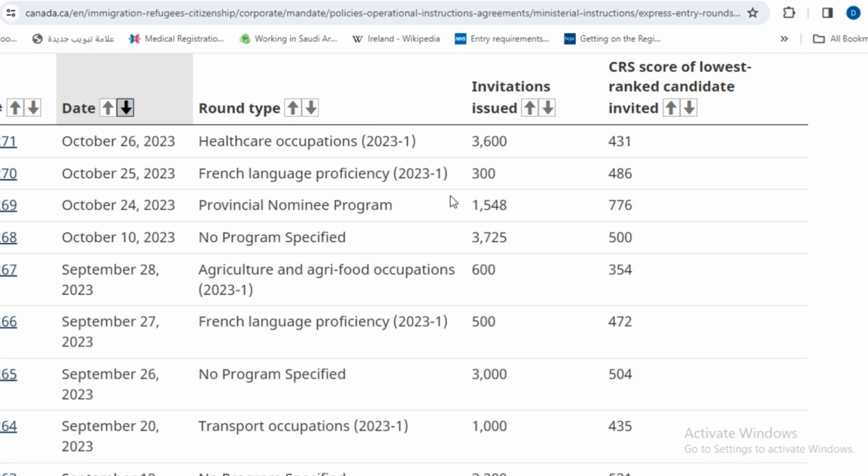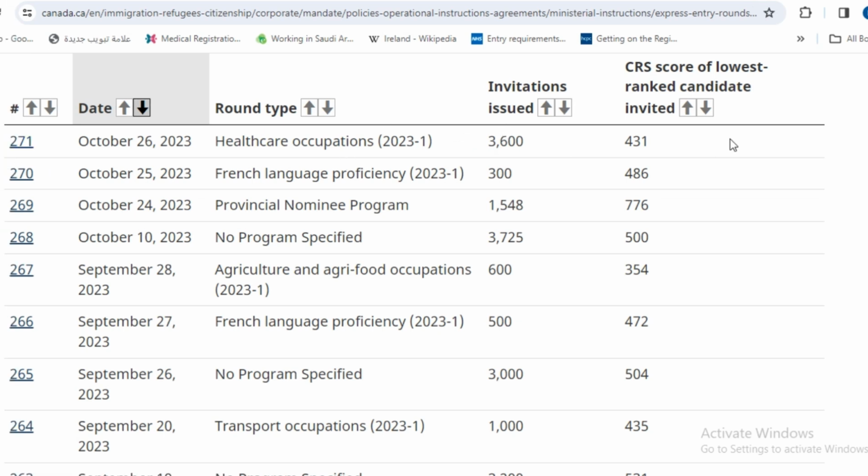So that's round type. And here in October 26, for healthcare occupations, the lowest CRS score of ranked candidates they invited was 431. And for French language proficiency, the lowest CRS score invited was 486. Provincial nominee program, the lowest score in fact was 776.